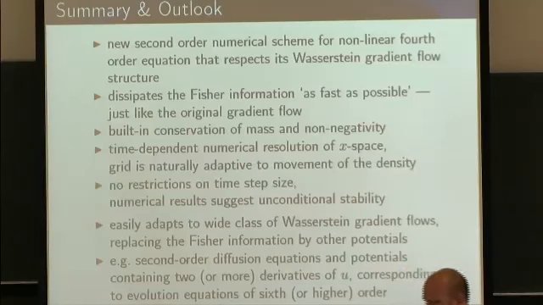Of course, we focus now in our paper on this DLSS equation, but you could adapt that to a wider class of Wasserstein gradient flows when you replace the Fisher information by other potentials. You could also try to do that for second order diffusion equations, or maybe use potentials containing two or more derivatives of U, which would correspond to evolution equations of 6th or higher order.